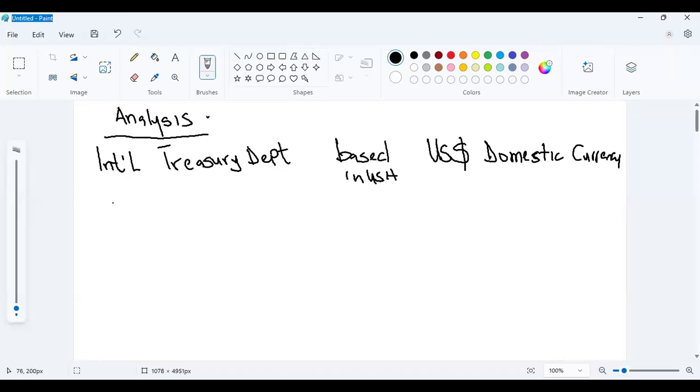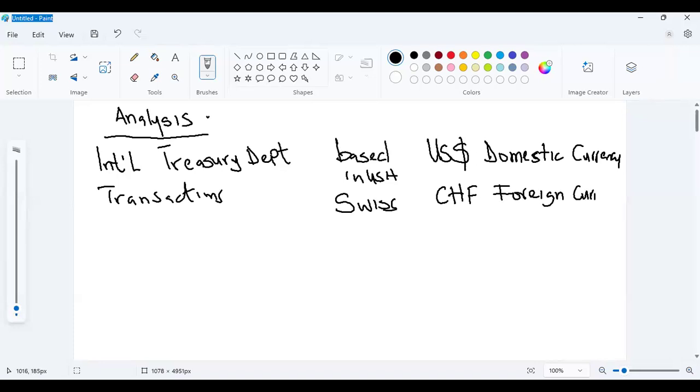Then we have transactions in Switzerland. In Swiss, the currency is CHF. Therefore, this is the foreign currency. Please, can you mute your speaker, please?